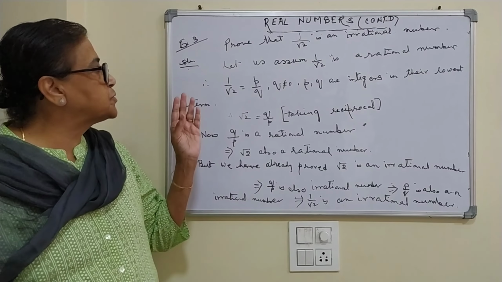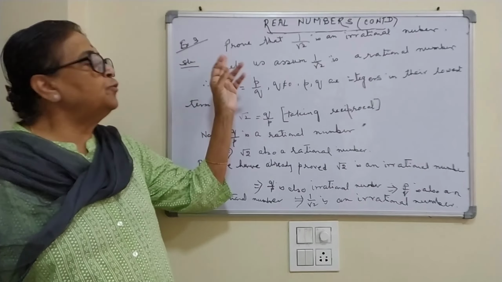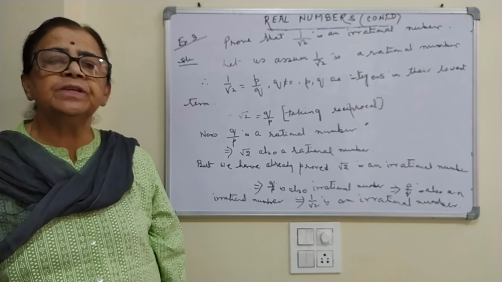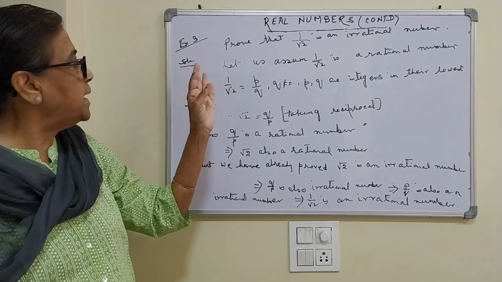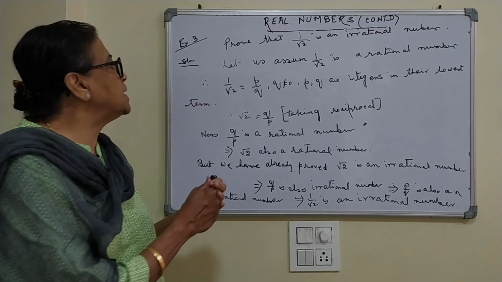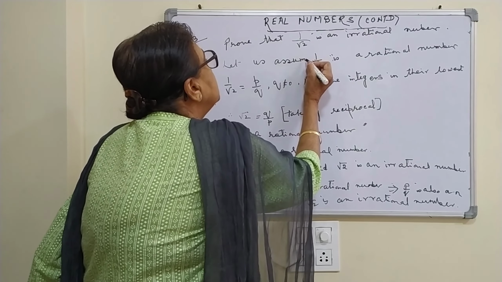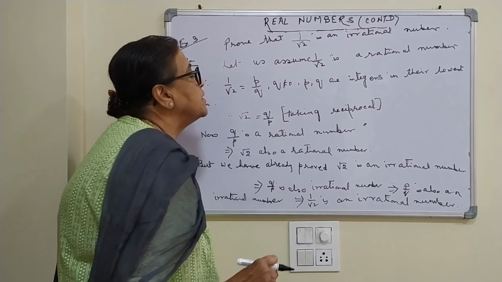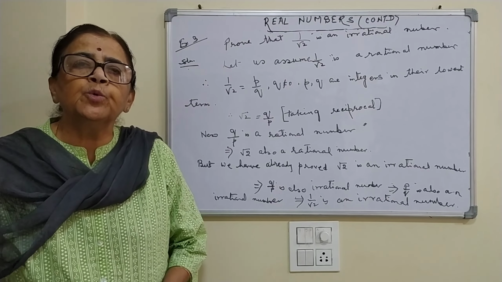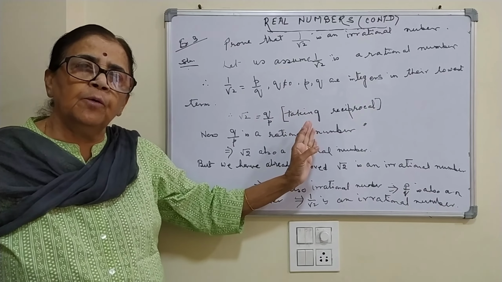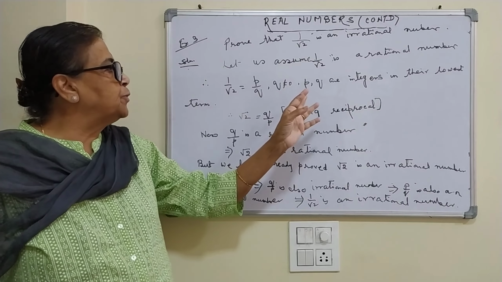Now exercise 3, that is prove that 1 by root 2 is an irrational number. Let us assume that 1 by root 2 is a rational number. So 1 by root 2 can be written as P by Q form, and Q not equal to 0.